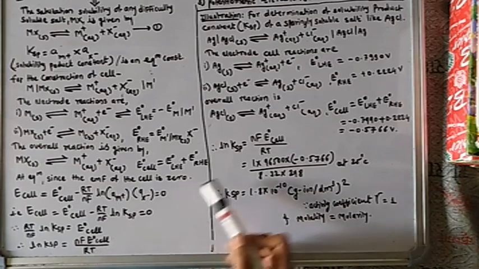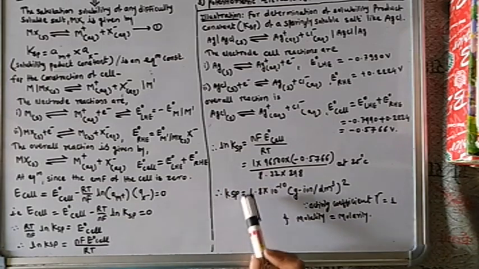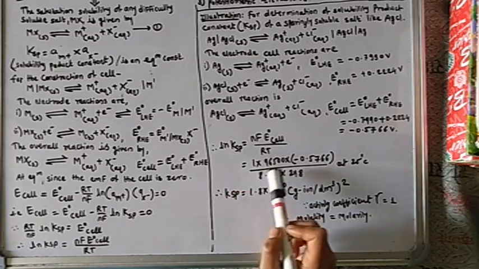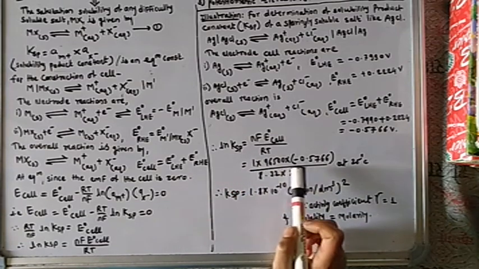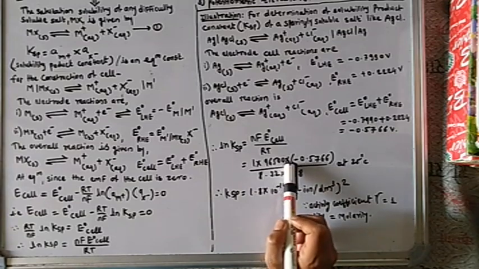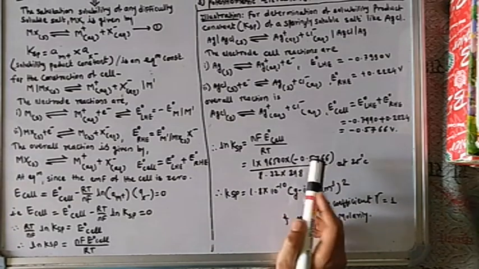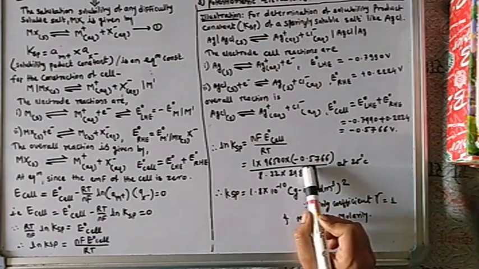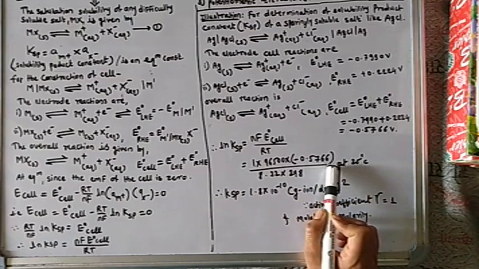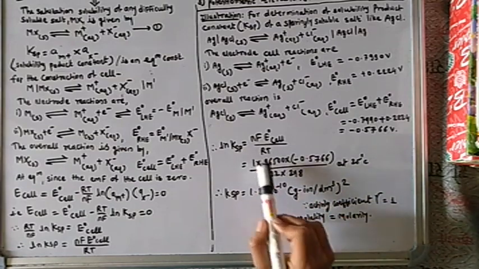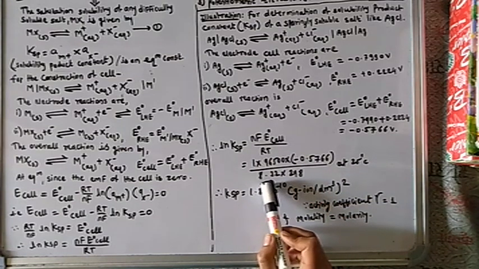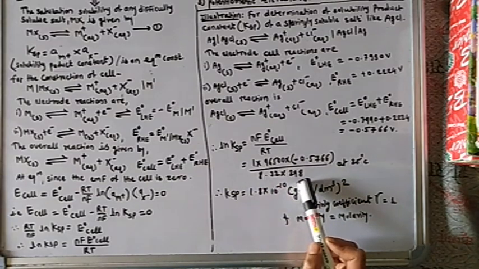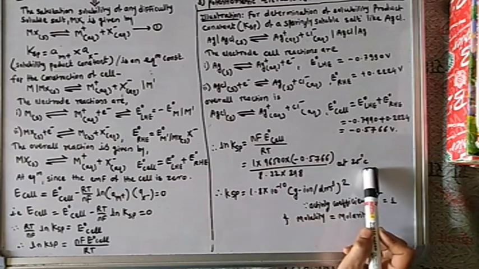By using this equation, we can find the Ksp. ln Ksp equals 1 into 96500, that is Faraday's constant, into E standard of cell, here minus 0.5766, divided by R, the gas constant, whose value is 8.314, into the temperature 298 K, that is 25 degrees Celsius.